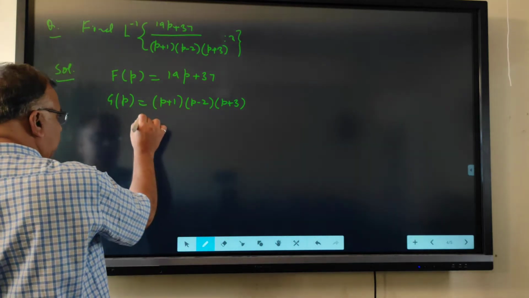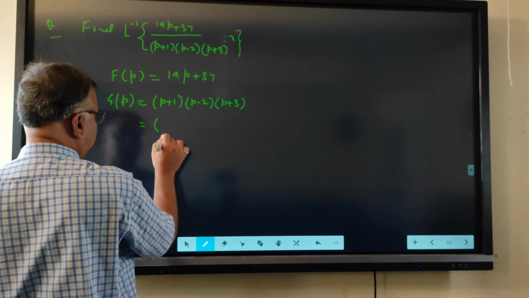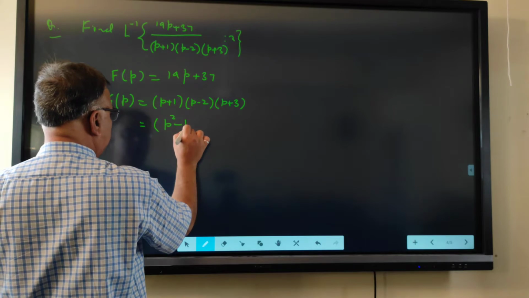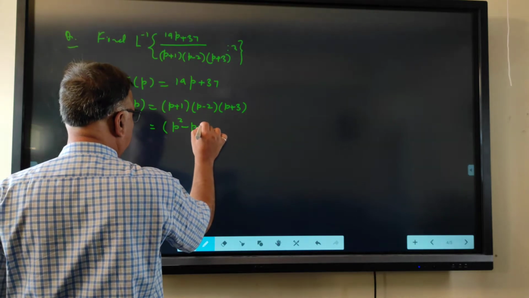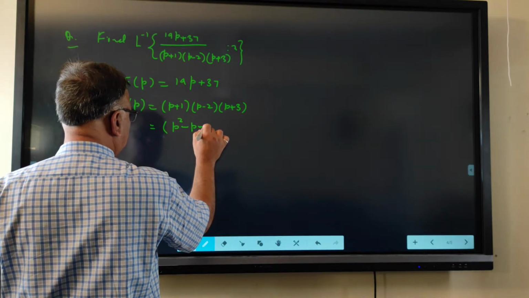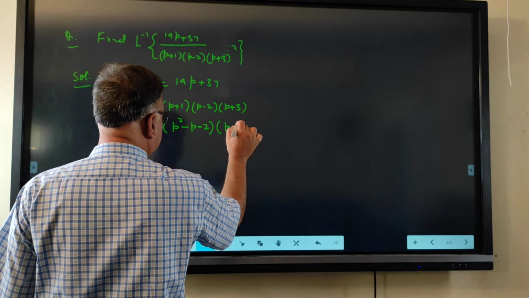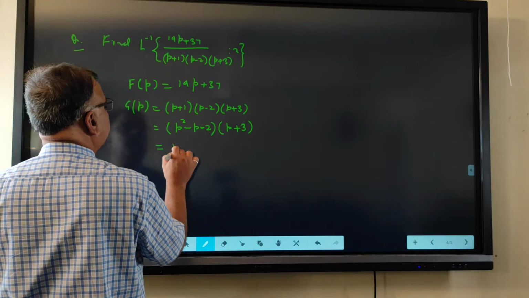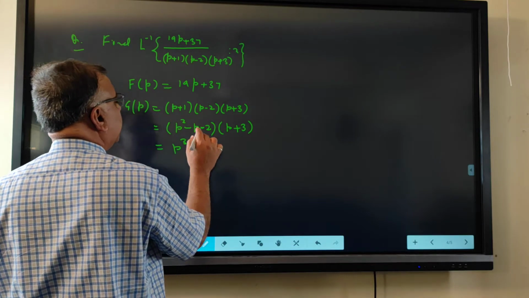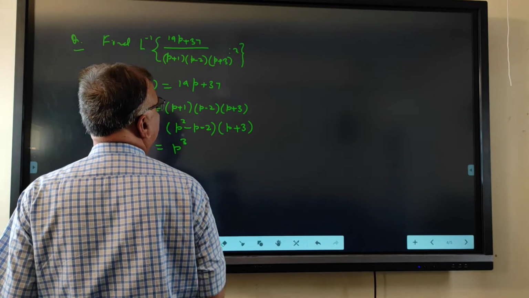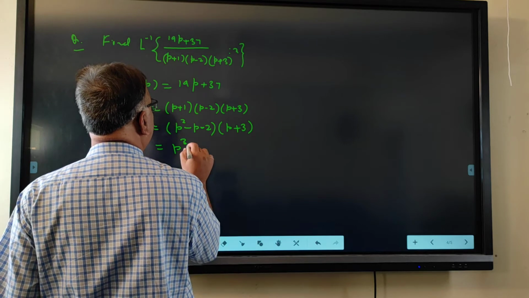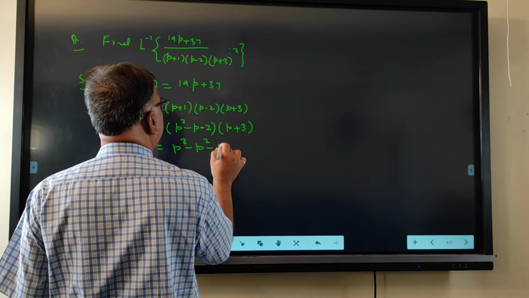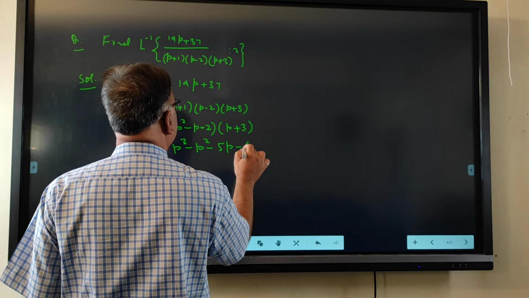If we solve G(p), we will get it as (p square minus p minus 2) into (p plus 3), or if we solve this one, we get p cube minus 3p minus 2p minus p square minus 5p minus 6.